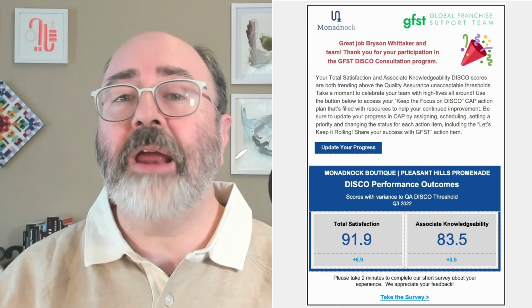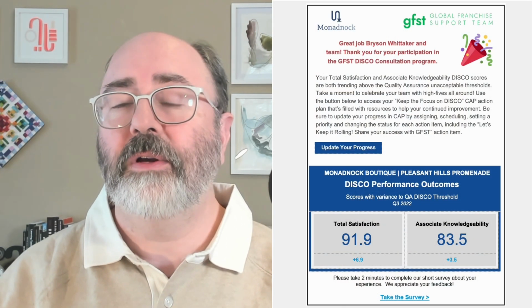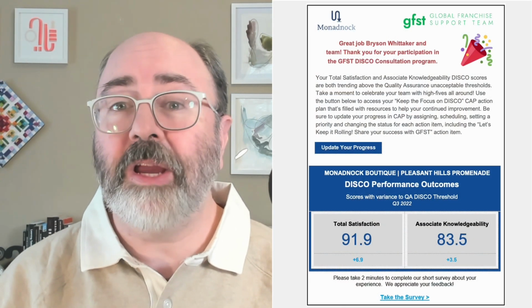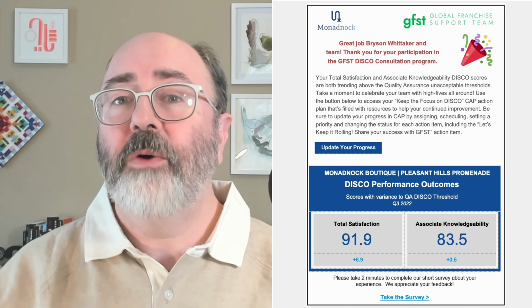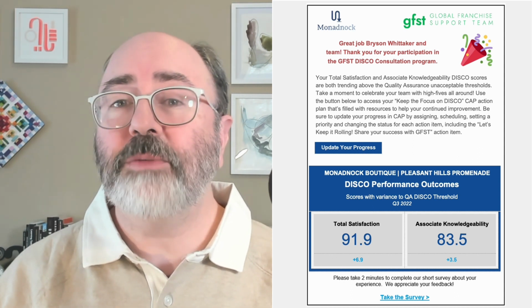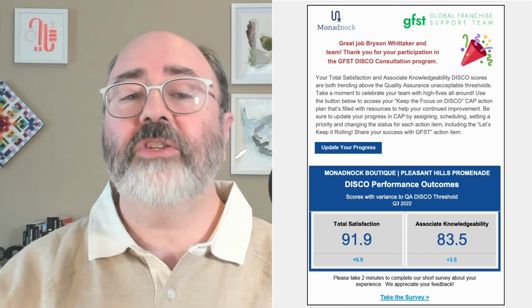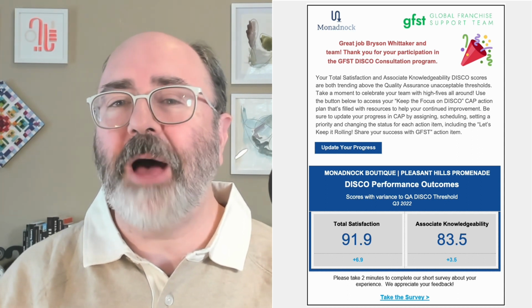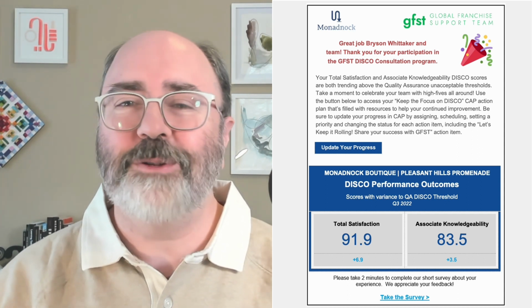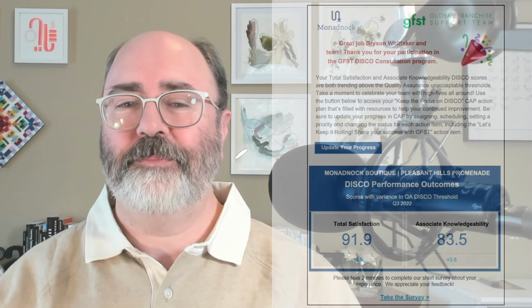What caught your eye when I first put it up on the screen? Was it the image, the celebratory image in the top corner? Was it the big update your progress button? Or was it the scores boxed in down here at the bottom, below the fold, to use an old newspaper term?